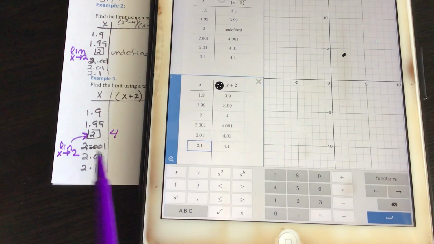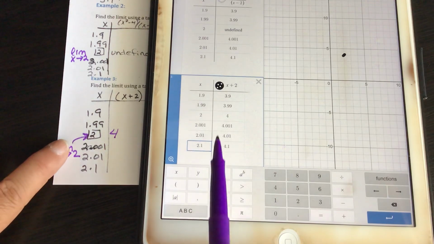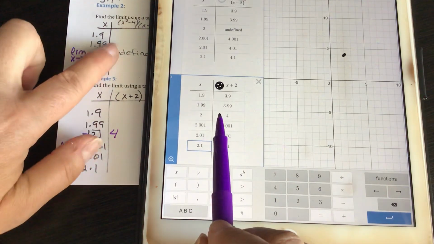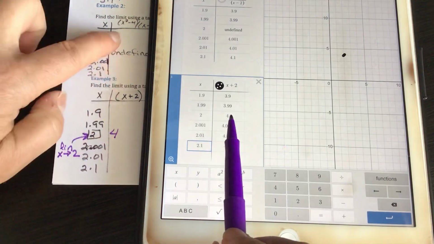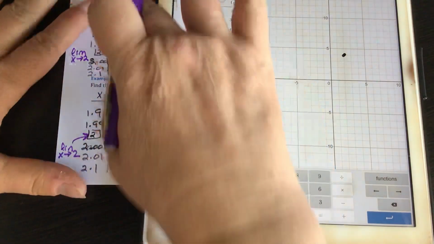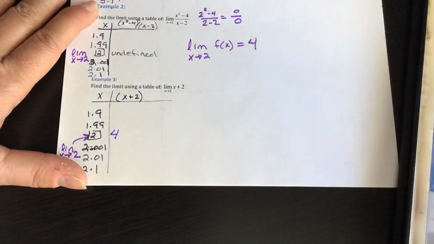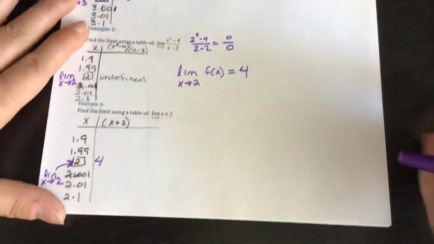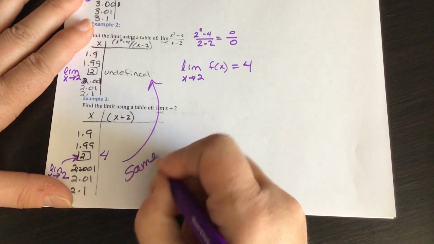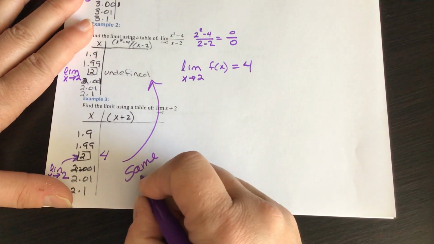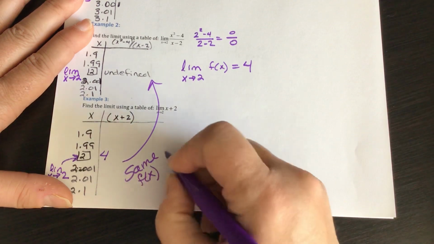Now, if you notice, these numbers are the same numbers that we had up here. Okay, these numbers are the same. And this is why. I have the same f of x values.